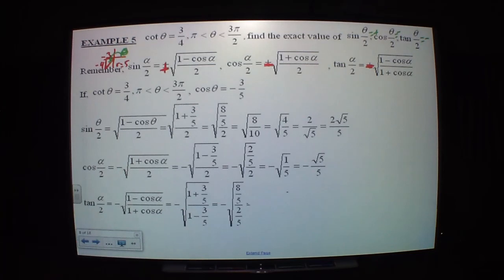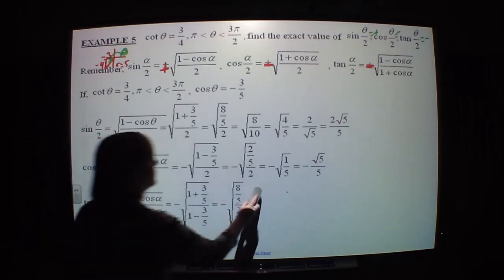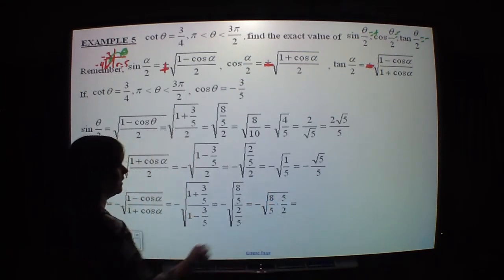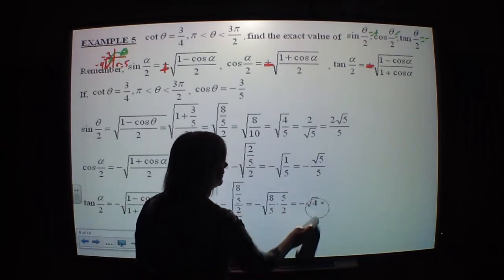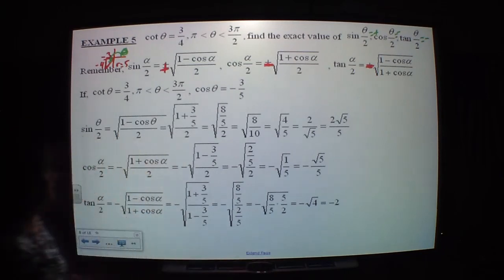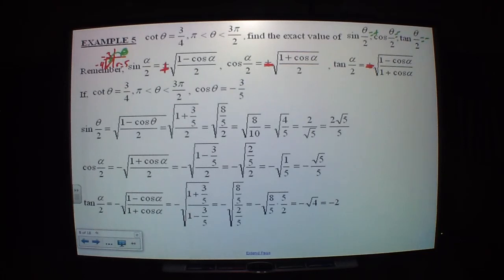Numerator divided by denominator is numerator times the reciprocal of the denominator. So it gives me 8 over 2, or 4, radical 4, which is 2. And the negative is in front, so it's negative 2. And that's example 5.